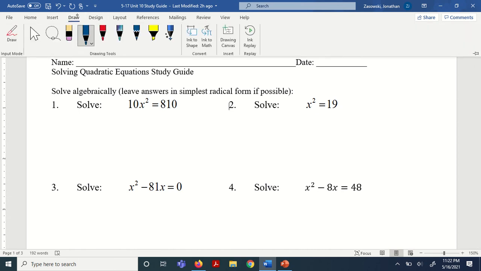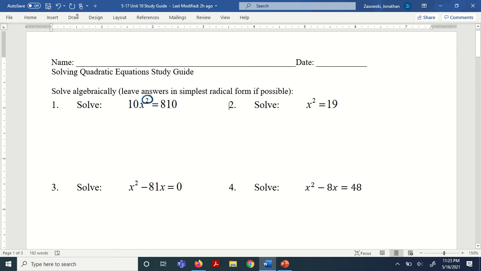So first thing I want to do is take a look at what we're given, the question we're given. So we're going to recognize it's a quadratic equation because it has a highest exponent of 2. It's got that x squared in it. So if there's all three terms, the ax squared term, the bx term, so the term with an x, and the c term, we're going to want to get it equal to 0 and then see if we can factor.